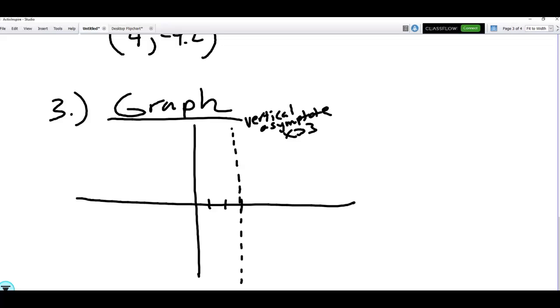Now, I'm going to plot the 2 points that I got, right? So you guys told me to plug in 4 first. And when we plugged in 4, we got -4.2. So I'm going to go down to 4 and just put a dot kind of there-ish. And then we went over to 8 after that. We plugged in 8. So 4, 5, 6, 7, 8. And when we plugged in 8, we got negative 11.